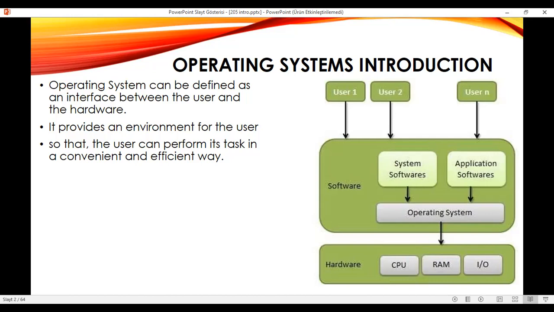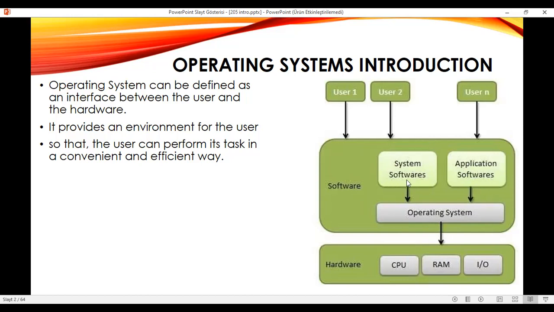After that, you install other programs. The other programs that we install are called application software.